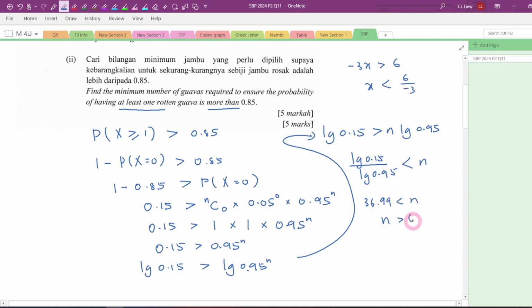N is greater than 36.99. So the question is asking for the minimum number. Okay, so the minimum number is equal to 37. Okay, this is the answer for the second part.